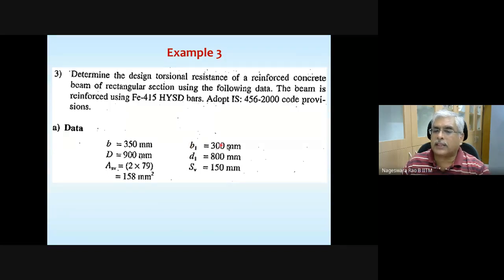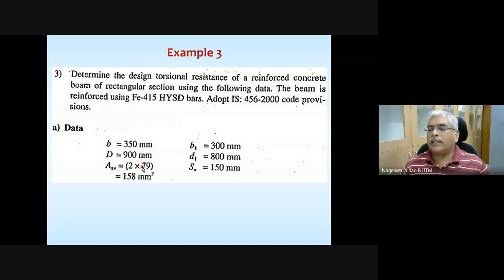B1 is in the width direction, D1 is in the depth direction. And stirrups, whatever shear reinforcement is provided, that is given here.